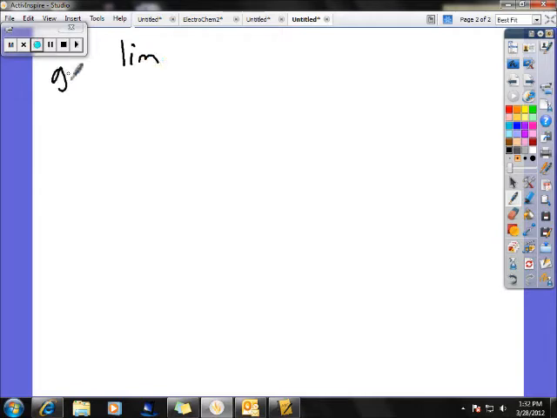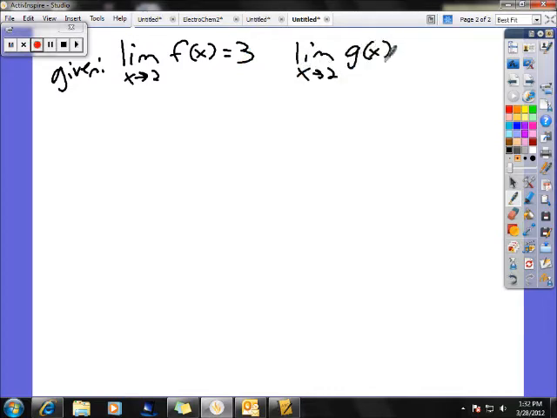Let's say that you're given that the limit as x approaches 2 of f of x equals 3, and the limit as x approaches 2 of g of x equals -4. Okay, so you're given those two things, and you could be asking questions about that.